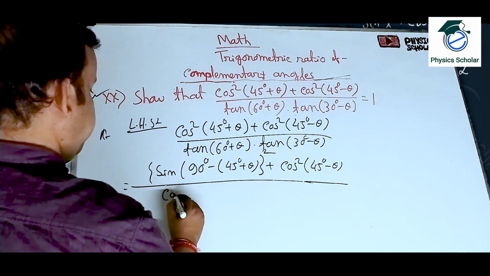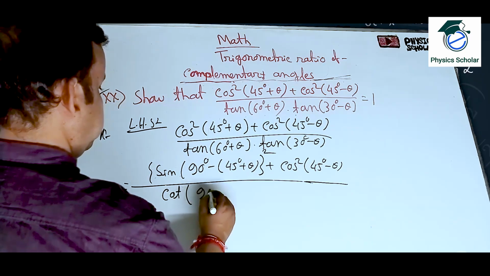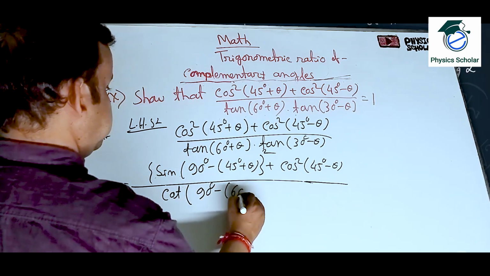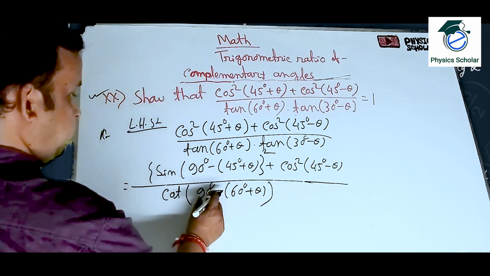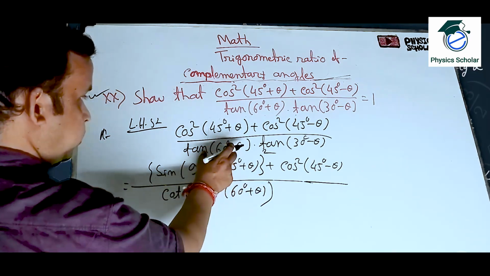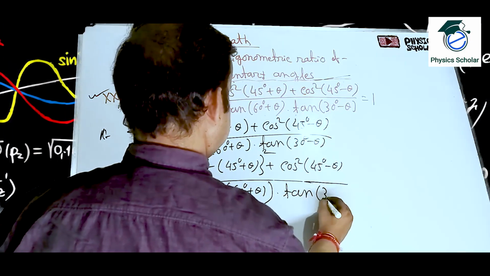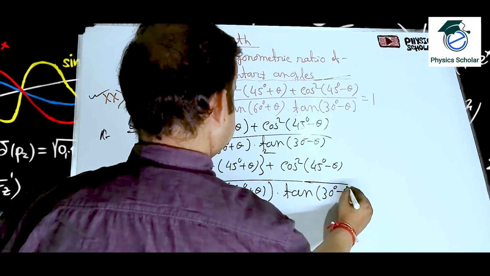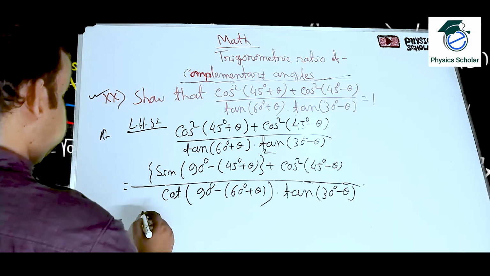It can be written cot of 90 degree minus 60 degree plus theta. Okay, that means cot 90 minus theta means what? Tan theta into tan of 30 degree minus theta. Clear? So now what you can write?